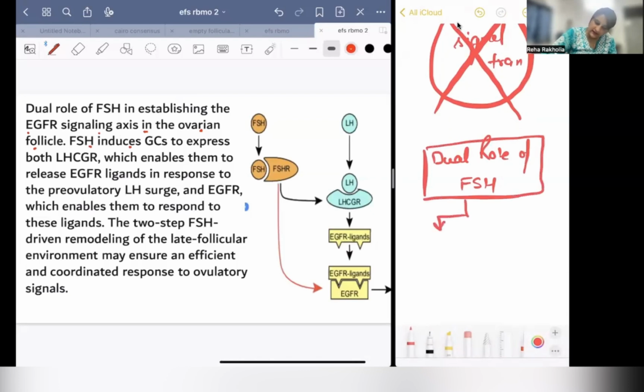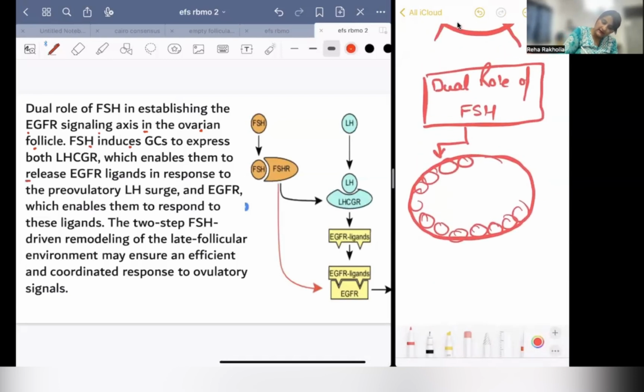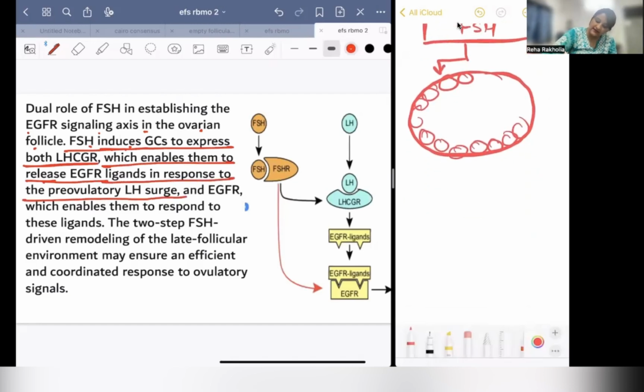First of all, in the granulosa cell, FSH induces the granulosa cell to express LHCGR, which enables it to release EGFR ligand in response to the pre-ovulatory LH surge. So FSHR in the granulosa cell tells it to express more LHCGR, and when the LH surge comes, it releases EGFR ligand, which is important for the ovulatory signals.